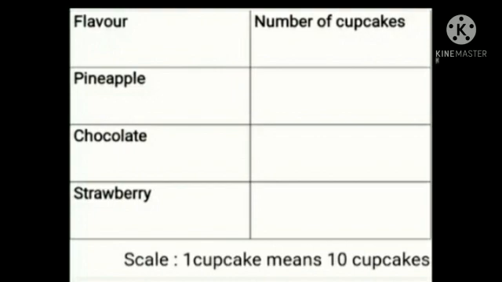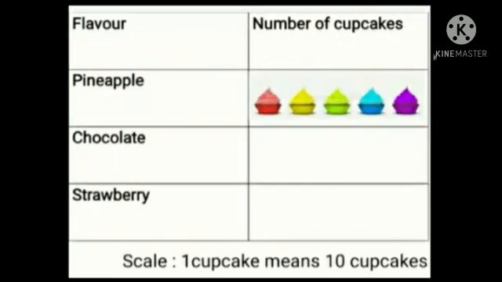So 50 pineapple cakes are there. So 50 divided by 10 gives you 5. So we are going to show 5 cupcakes in pineapple. Next is chocolate cake. So there are 60 chocolate cakes. So 60 divided by 10 gives you 6.